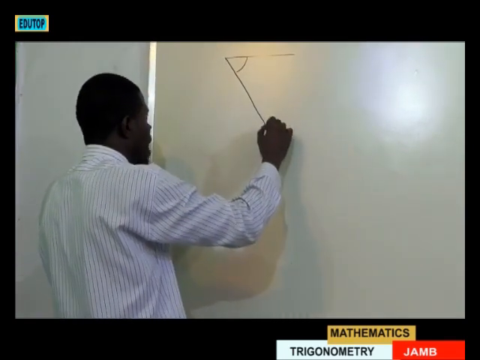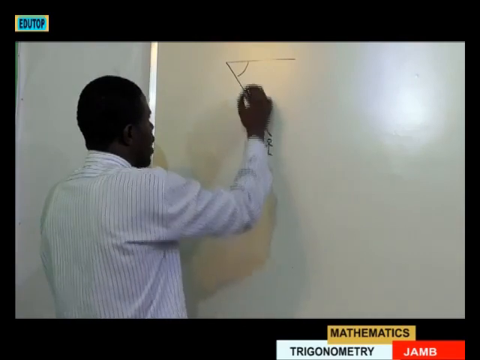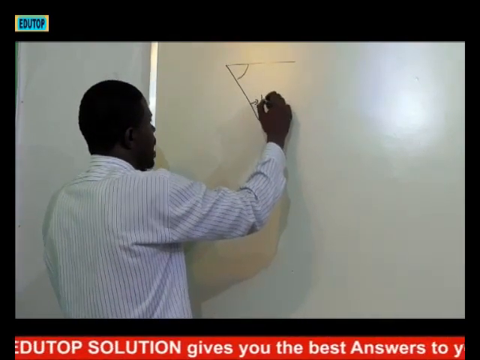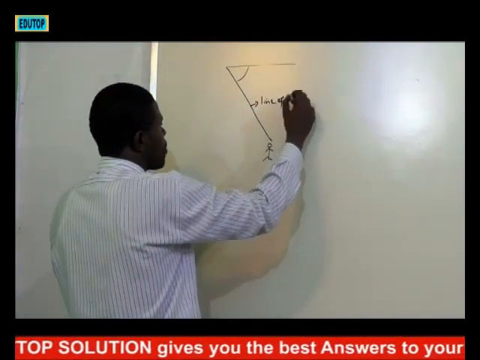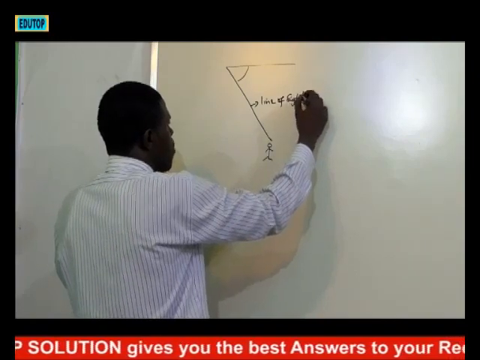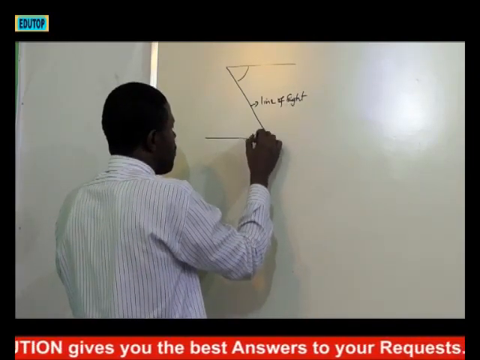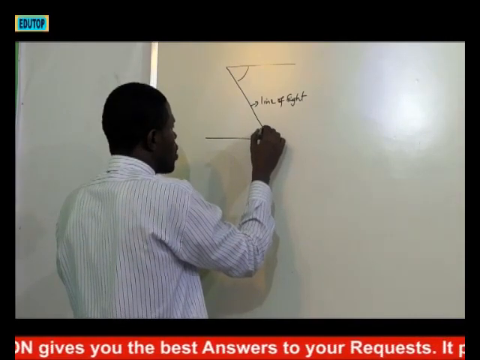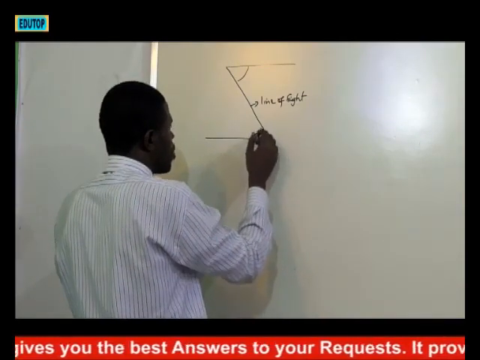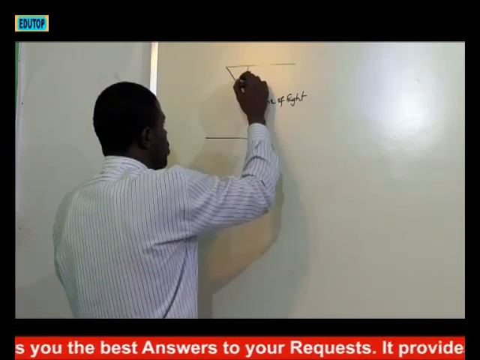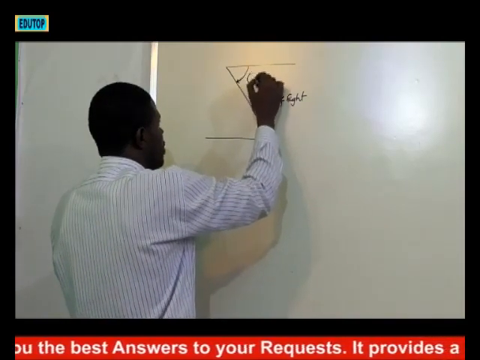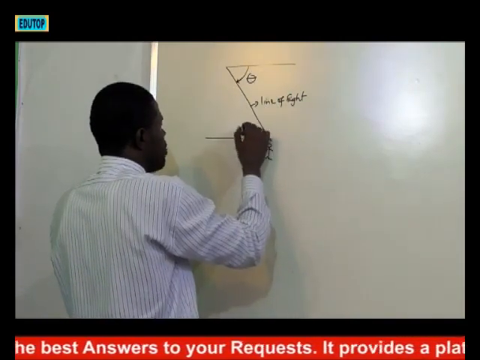Then you have our line of sight. This is what is known as the line of sight. Meanwhile, this angle is the angle of elevation. So you can see it is going upwards. From the word elevation, it is going upwards, while from the word depression, it is coming down. So if this place is theta, this place will definitely be theta.